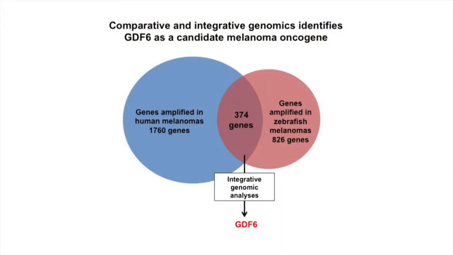The idea is, if you look at recurrently altered genes in the human melanoma and compare it to recurrently altered genes in fish melanoma, the genes that are commonly amplified would be driver genes that are essential for disease progression. In doing so, we identified about 374 genes that are commonly amplified in human and fish melanomas. And on further integrative genomic analysis, we identified GDF6 as a very important recurrently amplified melanoma oncogene.